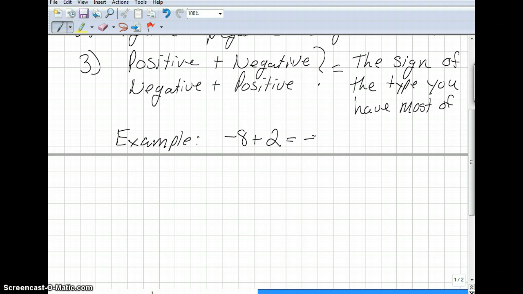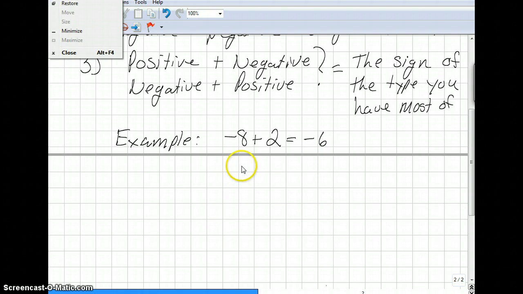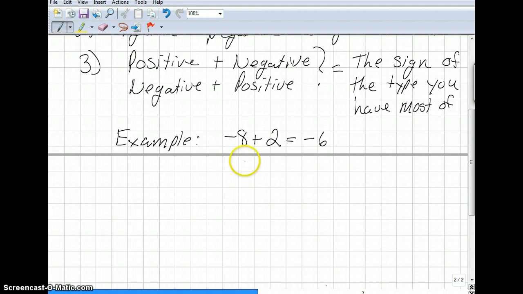And then I just take 8 minus 2, the difference between 8 and 2 is 6. So it's going to be a negative 6. Or, for instance, if I have a 4 plus a negative 3, well, I have more positives than negatives, so my answer is going to be positive, and the difference between 4 and 3 is 1, so it's a positive 1.